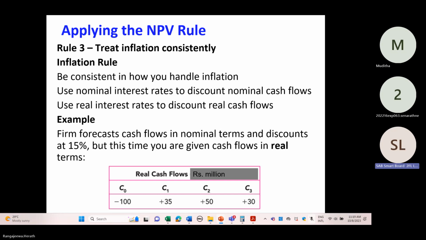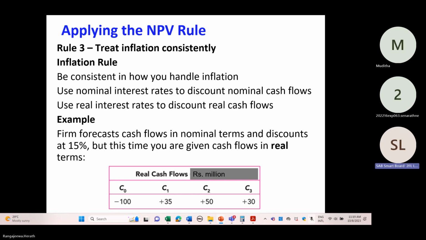But this time you are given the cash flows in real terms. You know the words real and nominal in economics. Real always means adjusted for inflation, right? Real GDP, nominal GDP. Nominal GDP is the normal value. Real means adjusted for inflation.